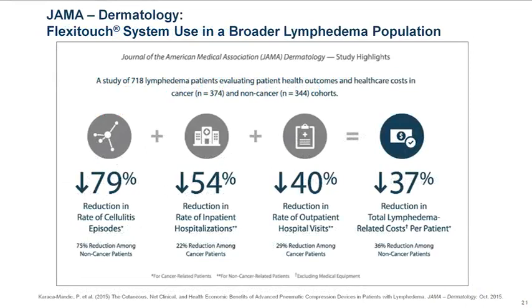In the 2015 Journal of the American Medical Association Dermatology study that evaluated cancer and non-cancer patient treatments of lymphedema, utilization of an advanced pneumatic compression device, FlexiTouch, had a significant impact on a reduction in rates of cellulitis by almost 80%, a 54% reduction in the rate of inpatient hospitalizations, a 40% reduction in the rate of outpatient hospital visits, and this was summated in an overall reduction of total cost of 37%.